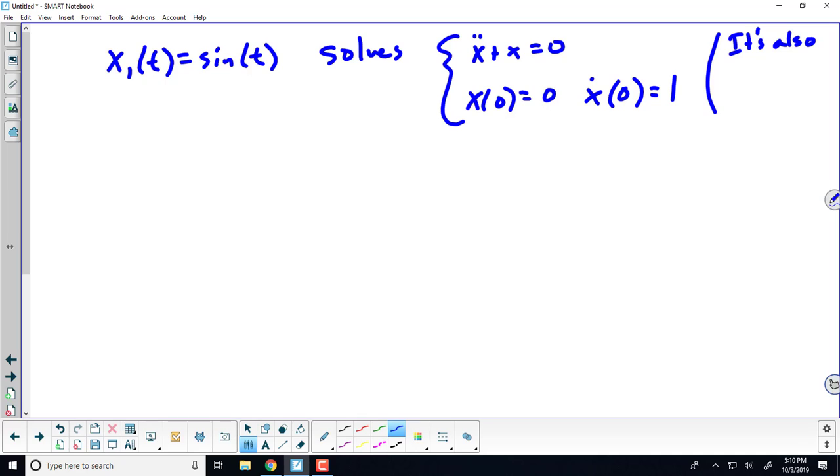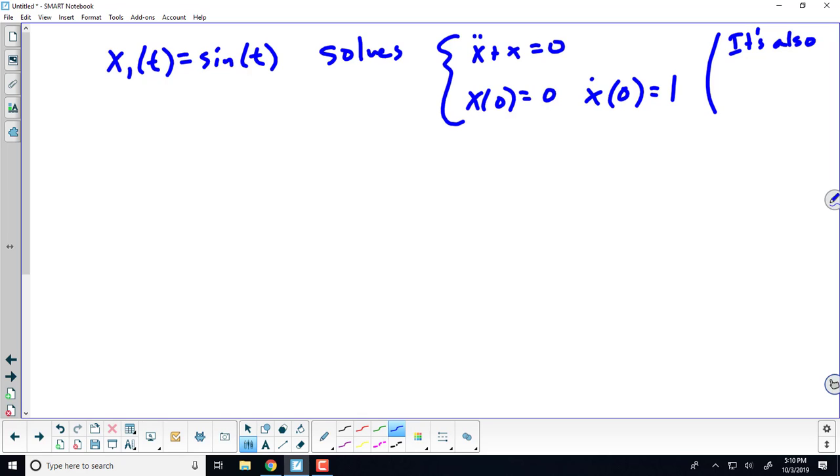Are there any others? Any other functions that would solve that initial value problem? No. So the cosine will solve, like we saw, the ODE, but it won't satisfy the IVP because of the initial conditions. Right? Let's make sure we clear the air on that.